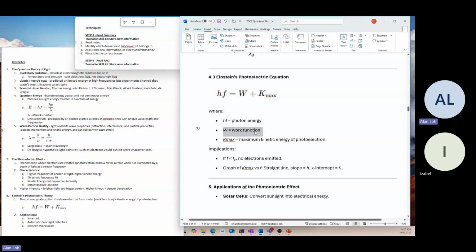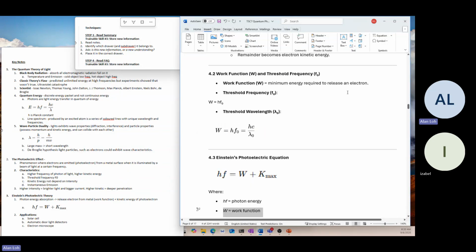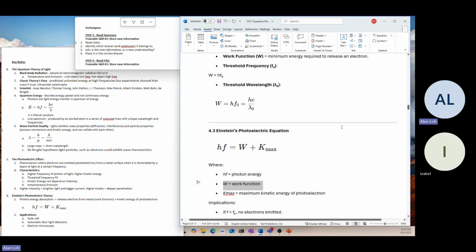You need to have a minimum requirement, and it's called the work function. That means the minimum energy required to release an electron, right? Then the remaining energy after you pay this minimum energy to release the electron is the kinetic energy of the photoelectron, right? Does it make sense now?